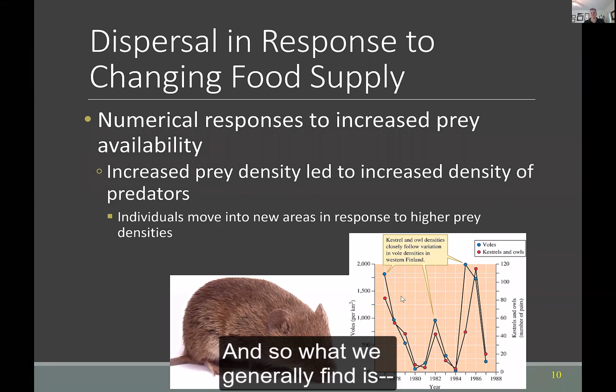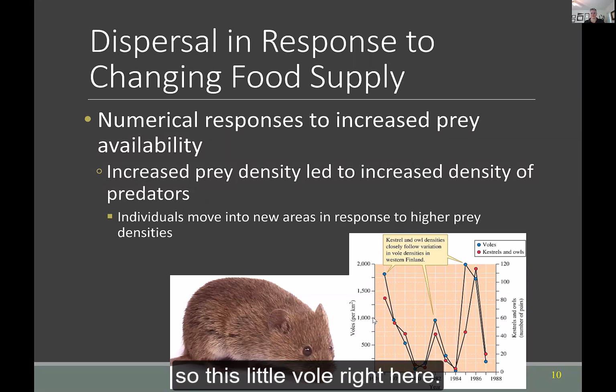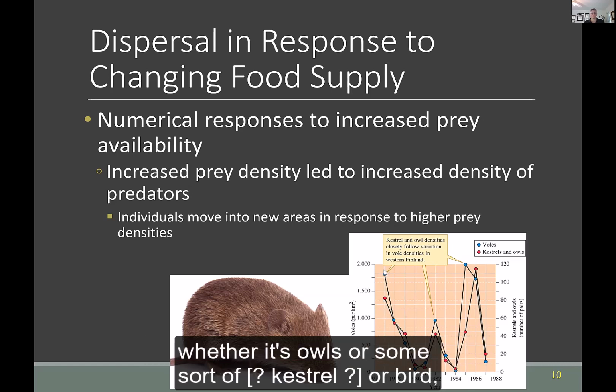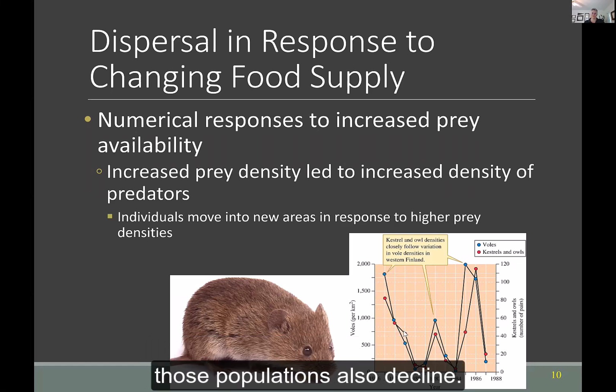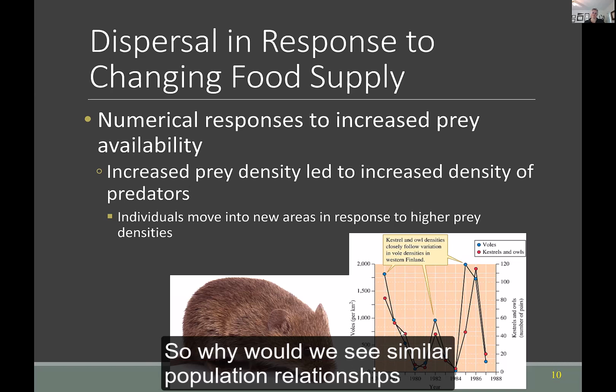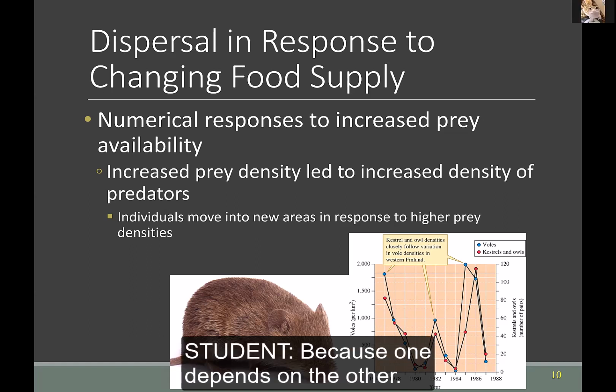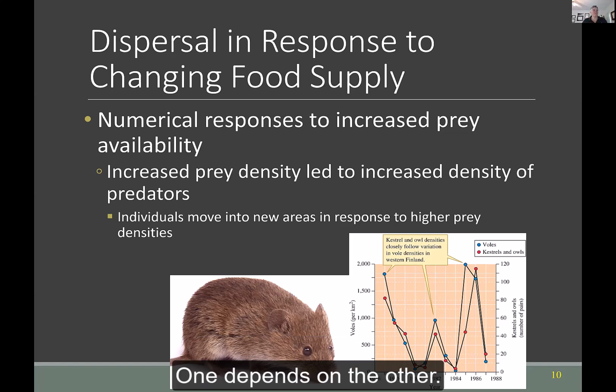What we generally find, and this is a little vole right here, is that as a vole population decreases, the predator population, whether it's owls or some sort of kestrel or bird, also declines. So why would we see similar population relationships between predator and prey populations? Because one depends on the other.